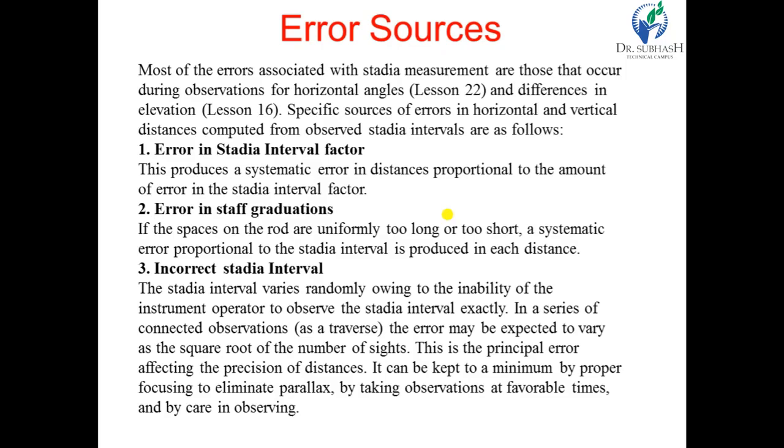Error in staff graduation. If the spaces on the rod are uniformly too long or too short, a systematic error proportional to the stadia error results. We also note that we have to use an authenticated staff that is accurately graduated and marked.